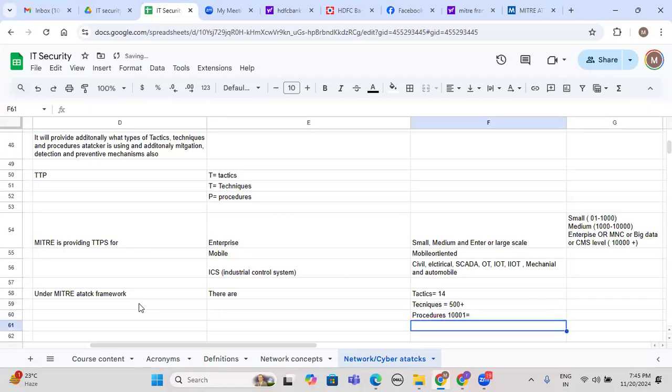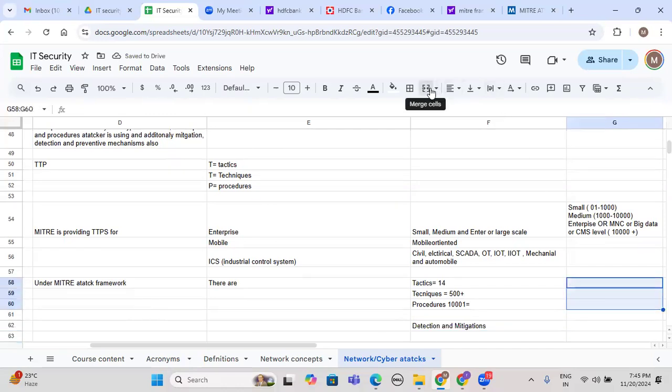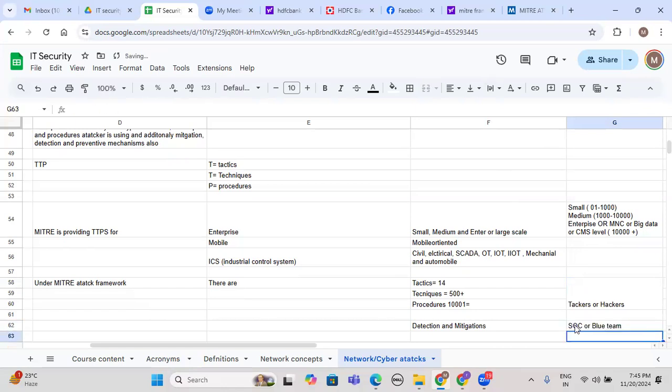Along with this, as I said, it is even providing detections and mitigations. These three things can be used by the attackers or hackers. These two can be used by our SOC team or blue team, defensive: how to prevent the attacks. So that is about the overall Mitre attack framework.